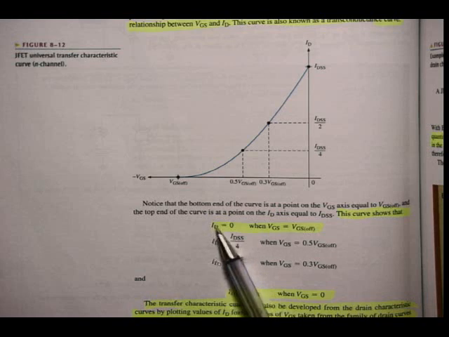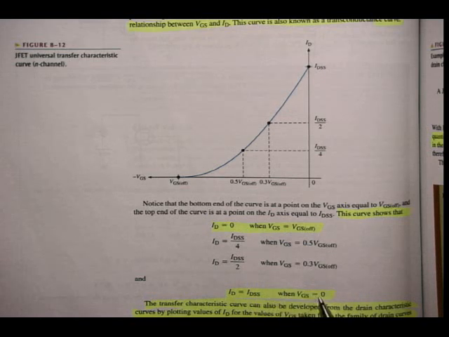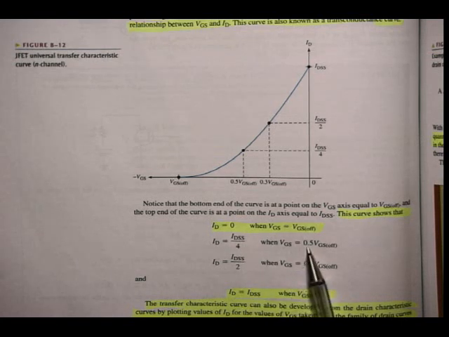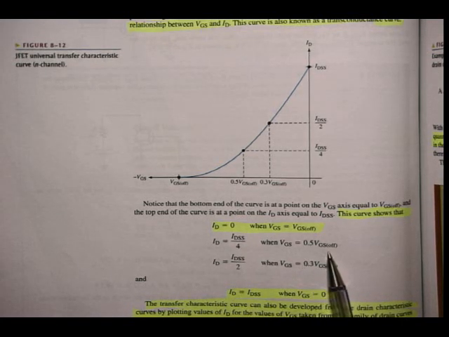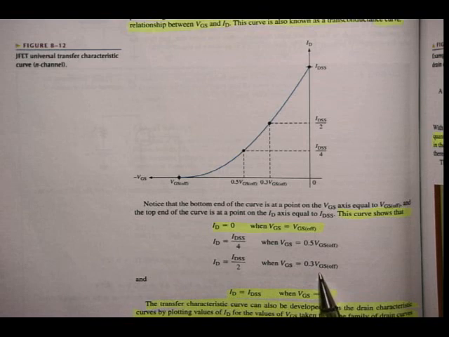Remember we said ID is equal to 0 when VGS is equal to VGS off, and ID is equal to IDSS when VGS is equal to 0. But also it said here ID is IDSS divided by 4 where VGS is equal to 0.5 VGS off. ID is equal to IDSS divided by 2 when VGS is equal to 0.3 times VGS off.